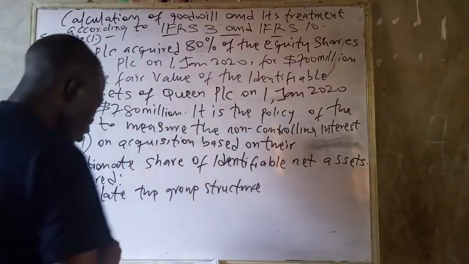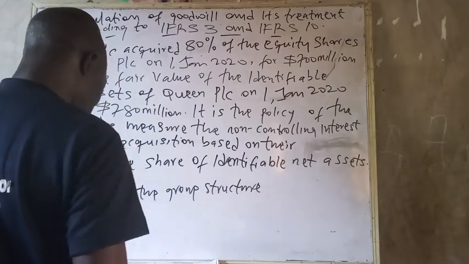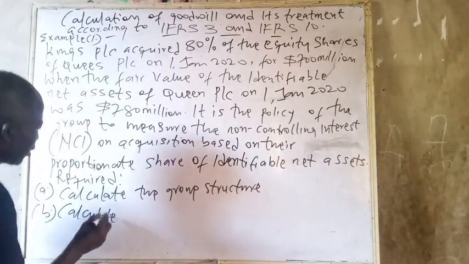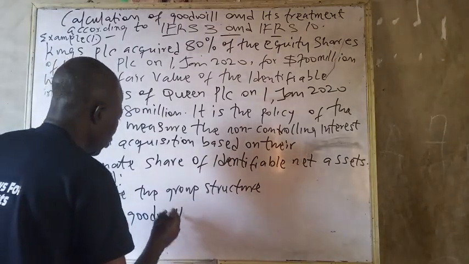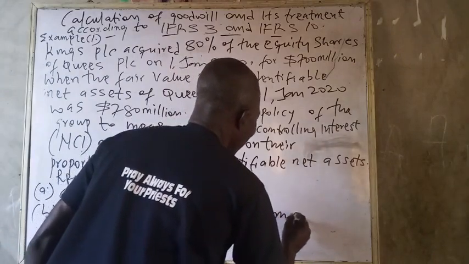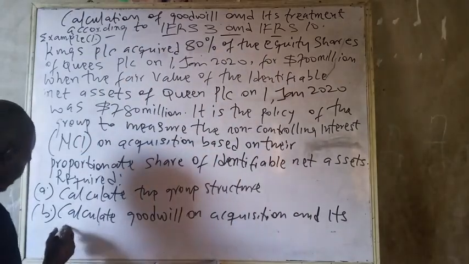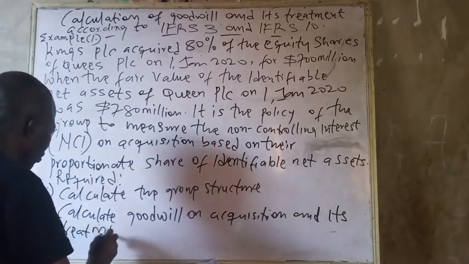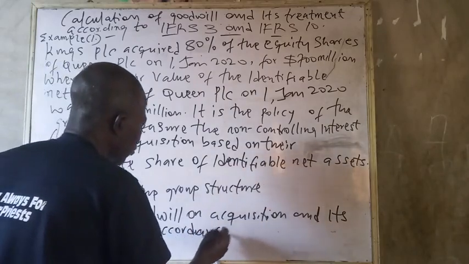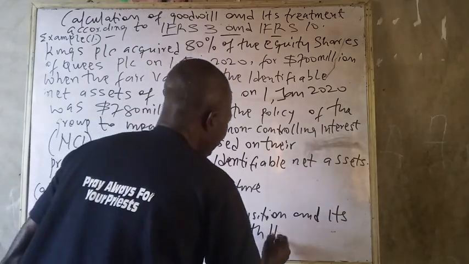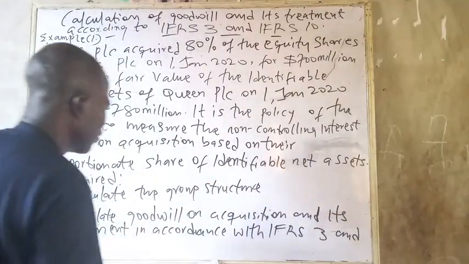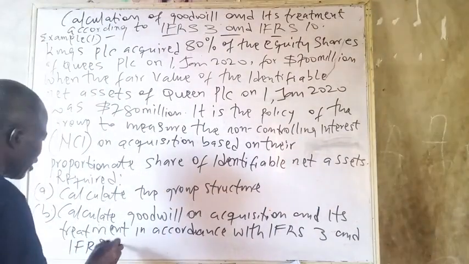B, calculate goodwill on acquisition and its treatment in accordance with IFRS 3 and IFRS 10.